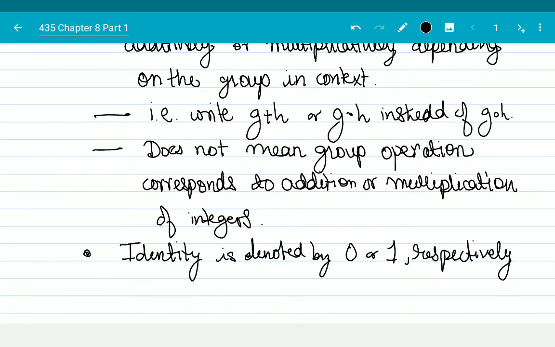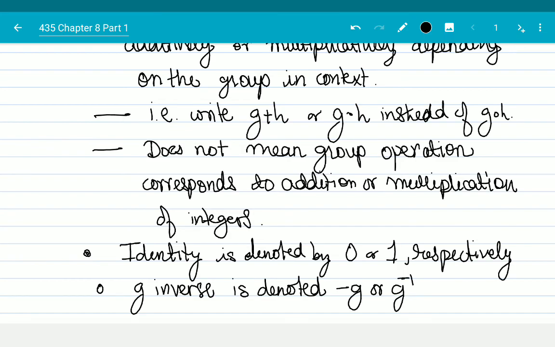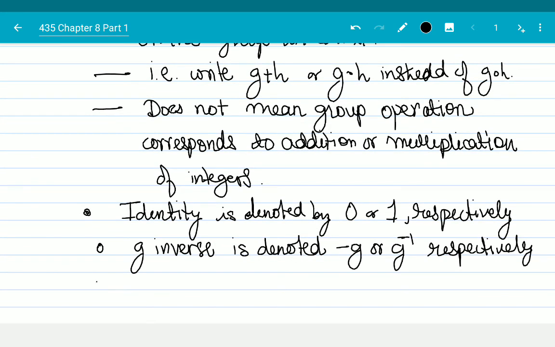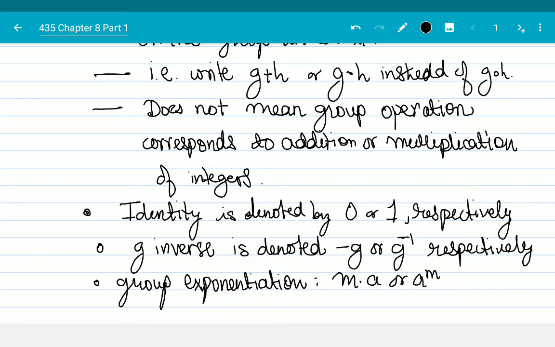Okay, we denote g inverse by minus g or g inverse respectively, and group exponentiation as m times a or a to the m respectively.